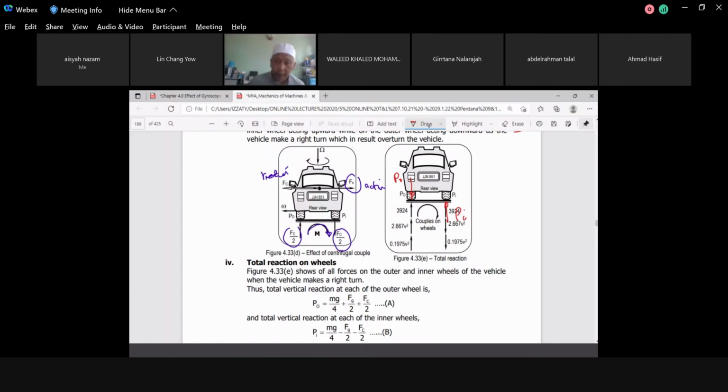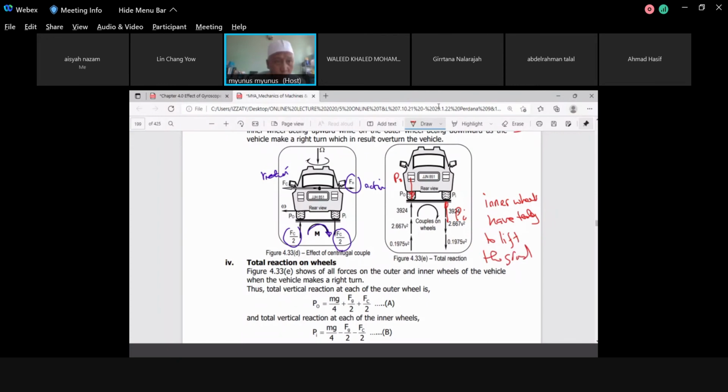So what does this mean now? It simply means that while turning to right, the inner wheel has a tendency to lift off the ground.